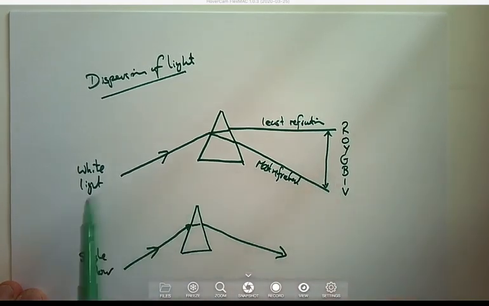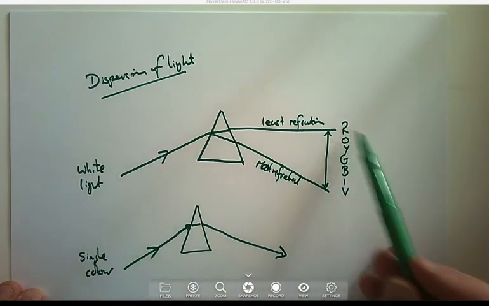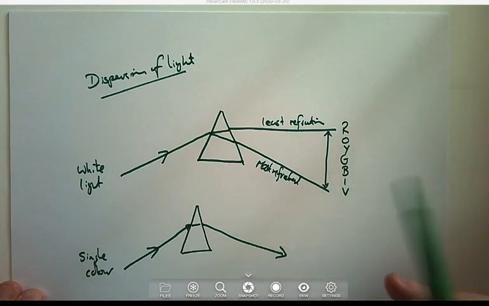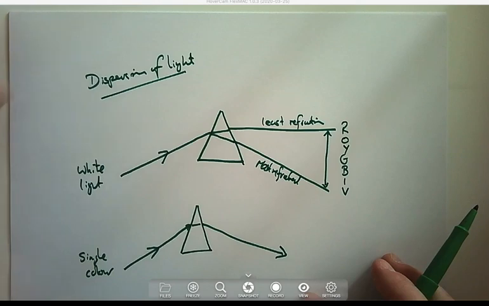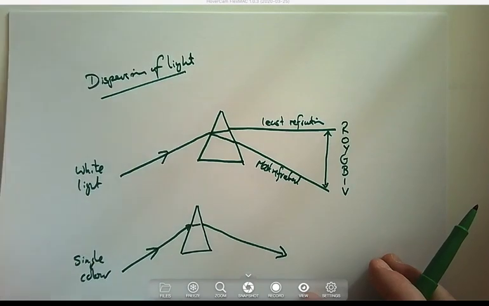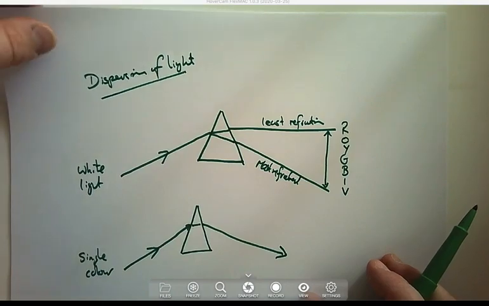It only happens when we're using white light. And white light is composed of red, orange, yellow, green, blue, indigo and violet. Now they're the three things that we've looked at within light.